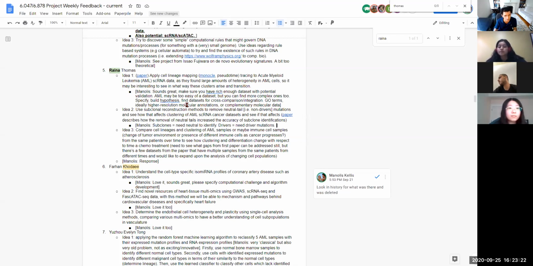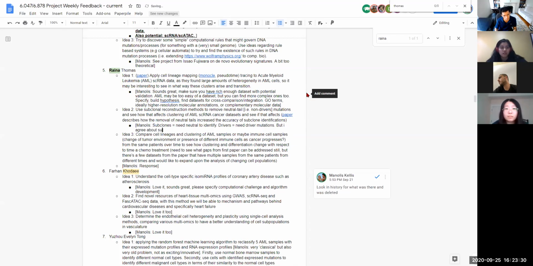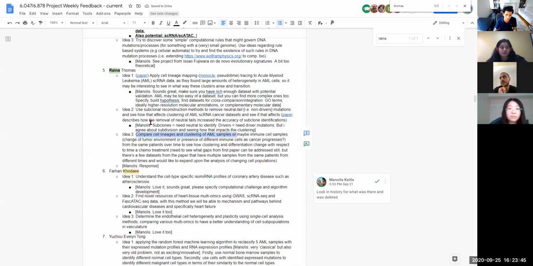Do you see what I'm getting at? Yes, thank you. Yeah. But okay. Compare cell lineages and clustering of AML samples, or maybe immune cell samples.